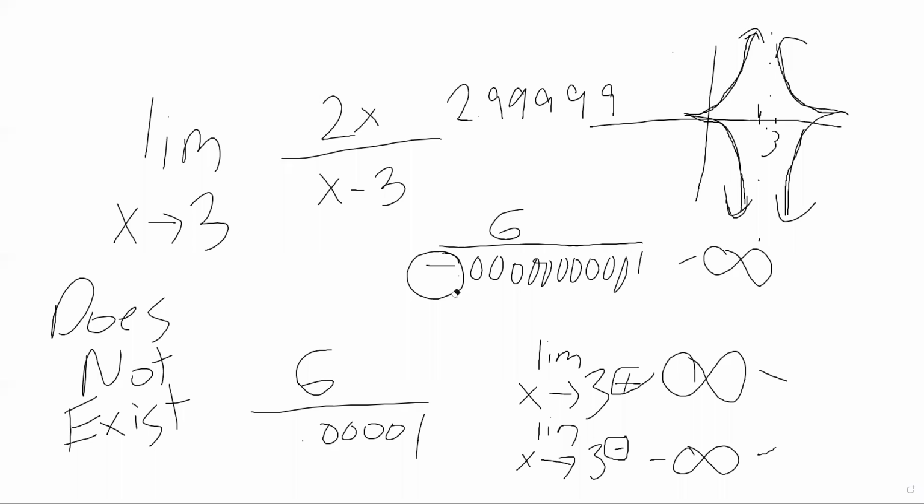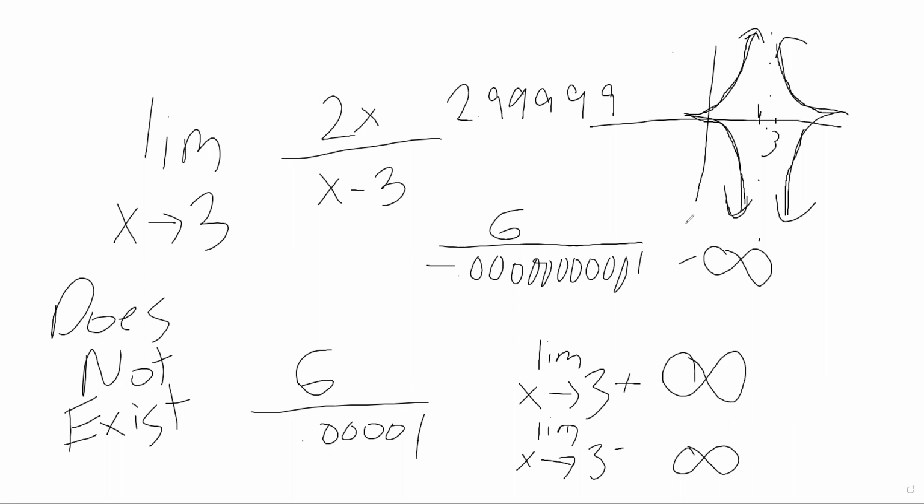Let me throw a little curveball at you. It didn't work out for this one, but let's say for the positive and negative directions we got infinity for both. So the limit as x approached 3 from the positive direction was infinity, and from the negative direction was also infinity. I just want to clarify that's not what we got.